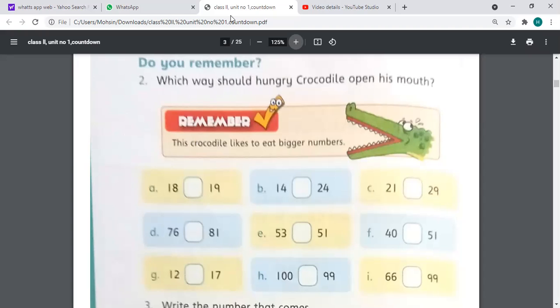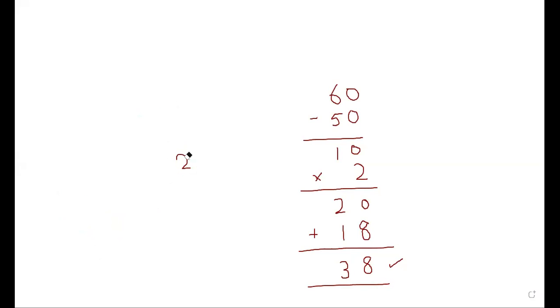So come to the board. The question number 2, part A, that is 18, and on the other side we have 19.